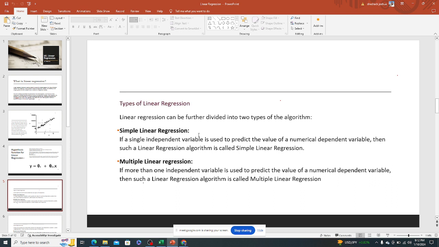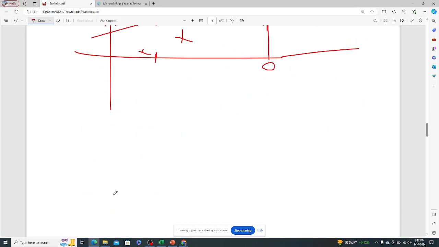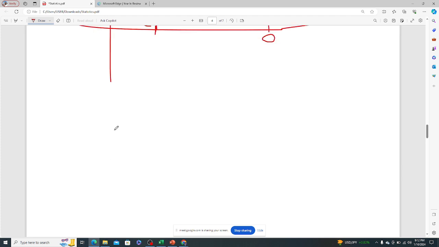But for multiple, as the term says, multiple meaning many. For multiple linear regression, it will involve more than one independent variable. For example, let's assume we have a simple linear regression equation.